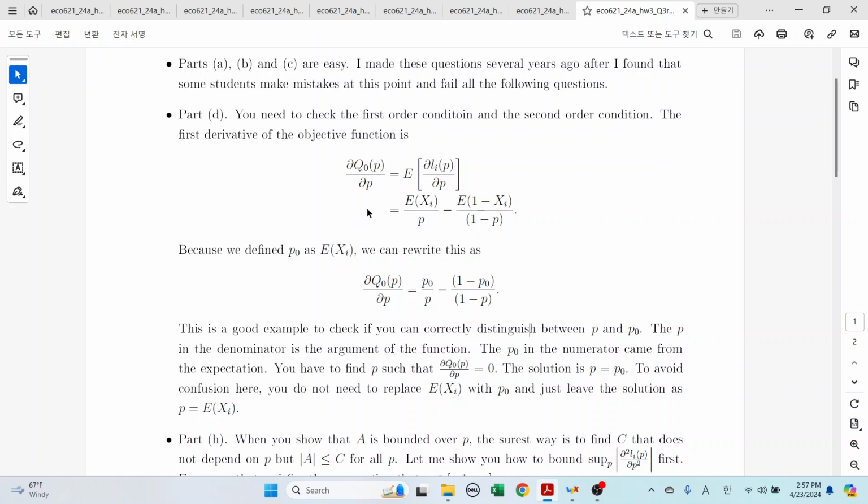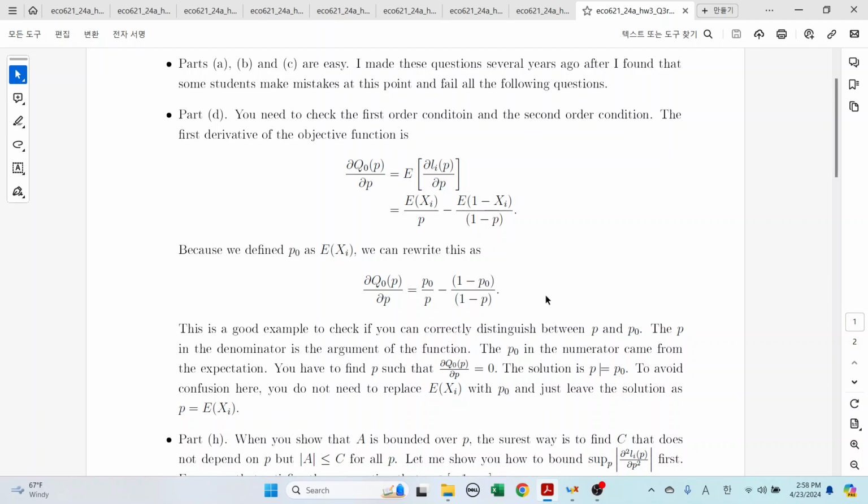And then this is the first derivative, and from here you want to find the solution that makes this derivative equal to 0. As a result, you have to solve that equality for these two denominator P's. So the variable P should equal P0 for this to be 0. That is how you proceed here.